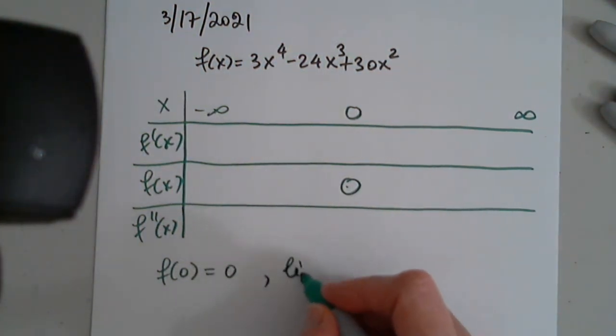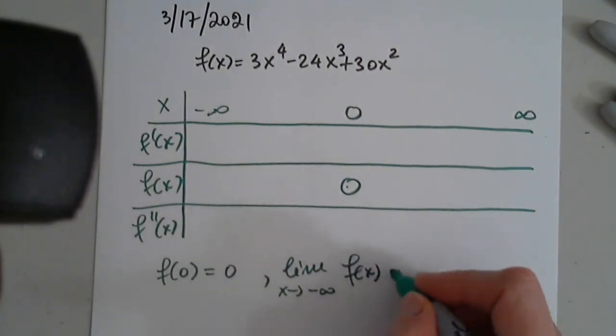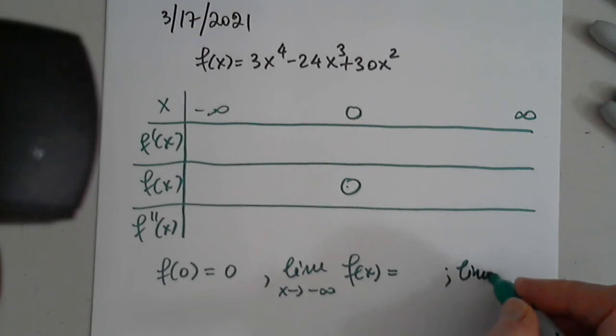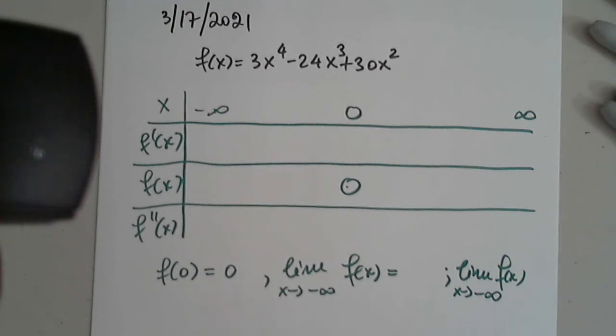Indeed. Now, can anyone give us the limit of f of x as x approaches negative infinity, and also the limit of f of x as x approaches positive infinity? And explain to everyone else why.